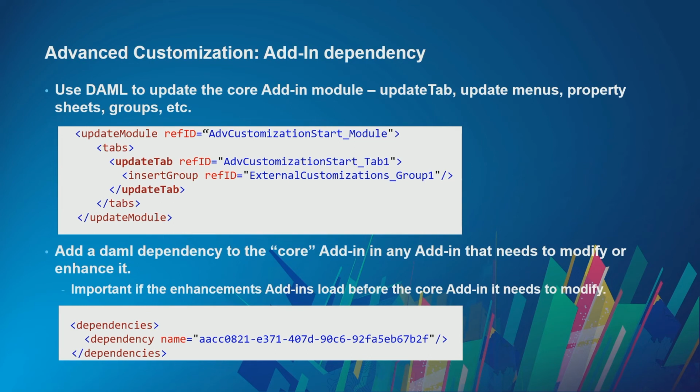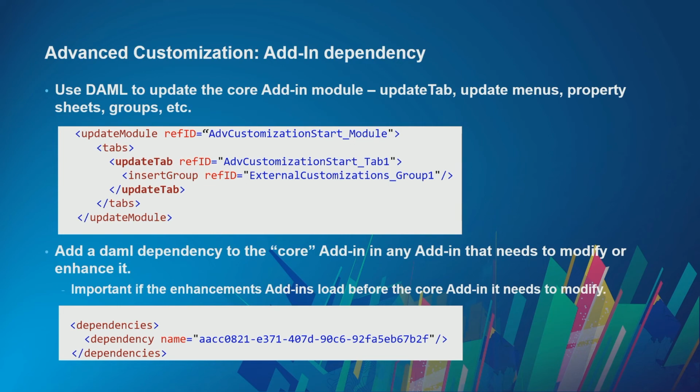And then you use the insert group element, and this is where you provide the ID of your new group with the new functionality. So from my screenshot, this is the ID of the group that hosts the optional buttons. And then we want Pro to load your core add-in first, and then it needs to load your new add-in with the optional features.